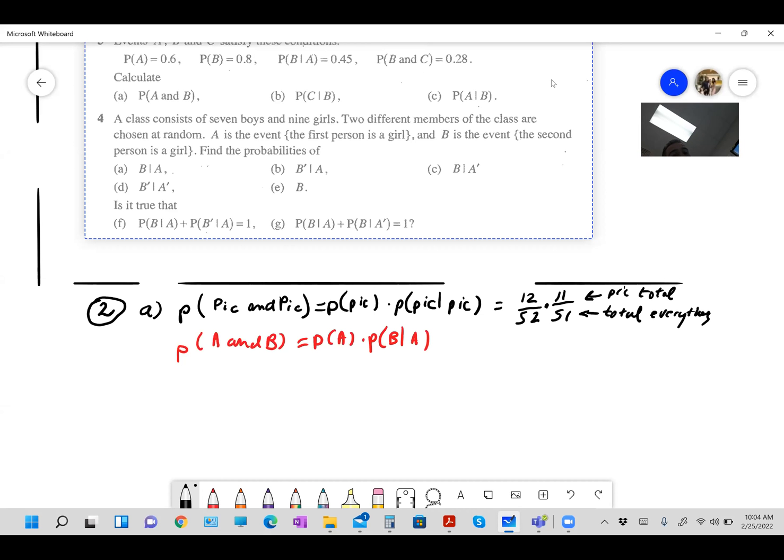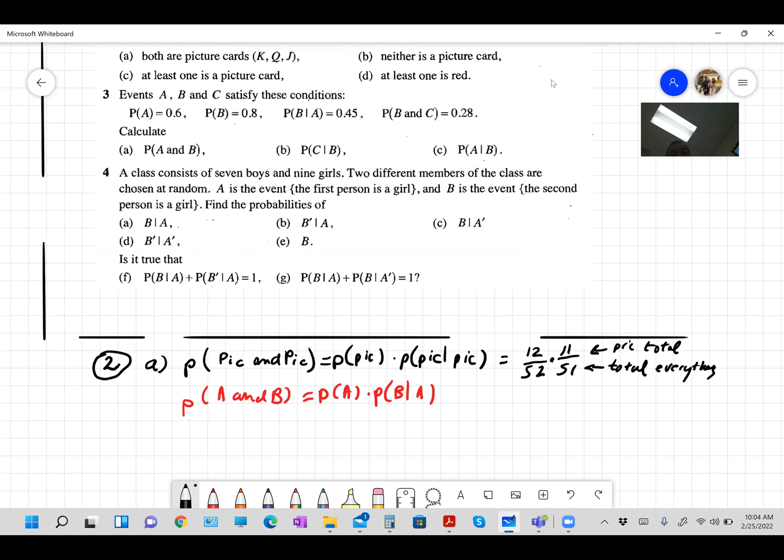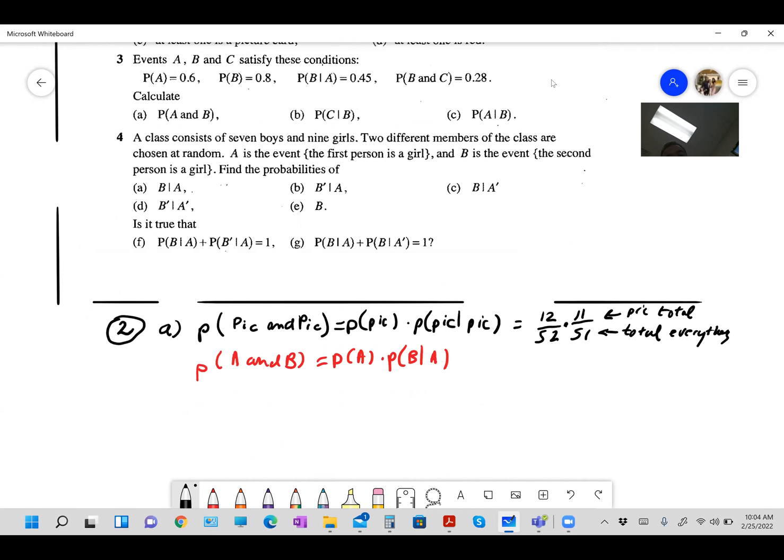All right, so the next one says neither is a picture card. So not pick and not pick is equal to the probability of not pick times the probability of not pick given not pick. What's the probability of not picture card?